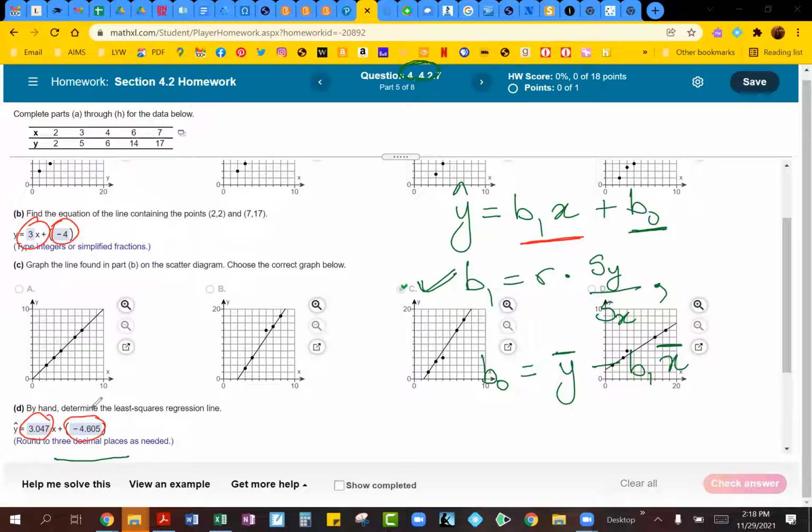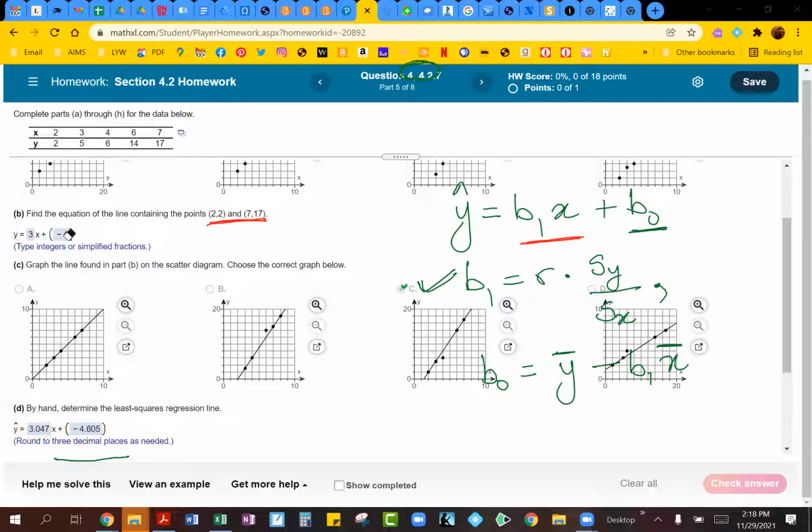So you can see you get a good, decent approximation when you just use the 2 ordered pairs, but with the least squares regression line, you get a little bit better and closer approximation than you would with just using those 2 points. So that's what we were going for over here.